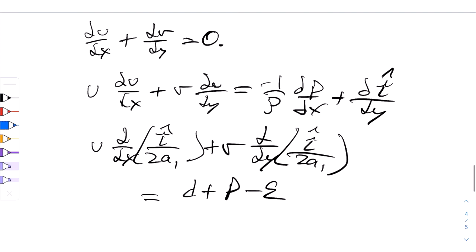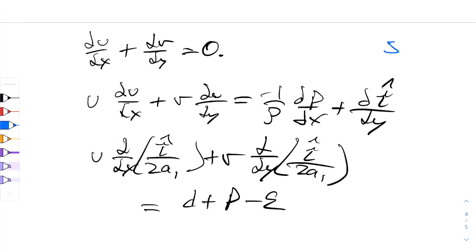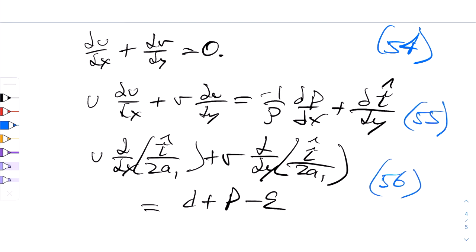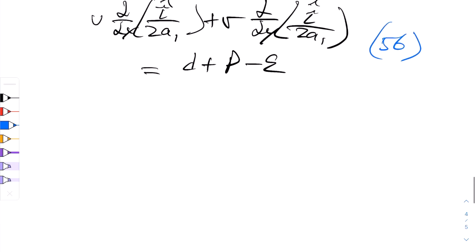So we'll call these three major equations, of course, 54 for continuity, 55 for momentum, and 56 for our TKE simple one equation model with the particular closure coefficients and functions which we previously defined. The full functional forms, F1, F2, are really built in here.